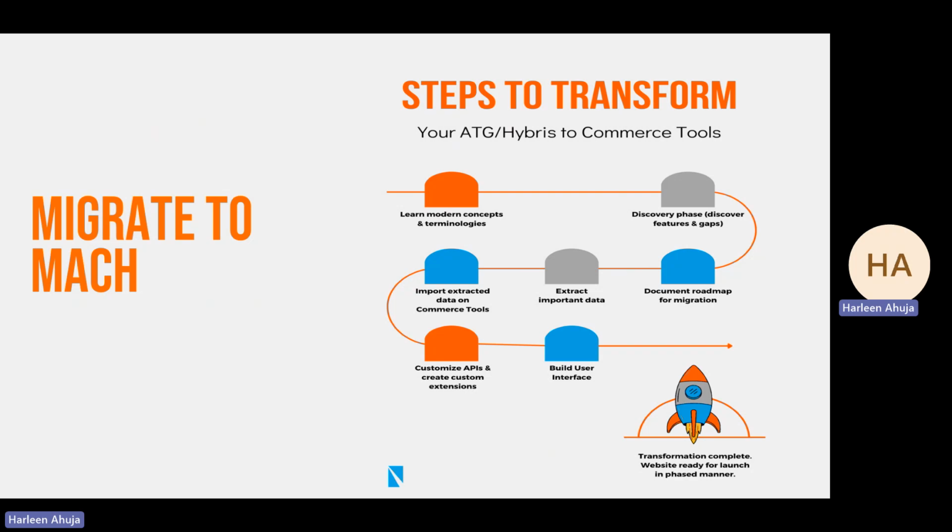Most of the pages in ATG or Hybris may not be needed because the commercetools frontend is going to be a different one. So build the front-end UI solution as per the expertise of your front-end team so that a user gets a seamless surfing experience while shopping on the brand website.